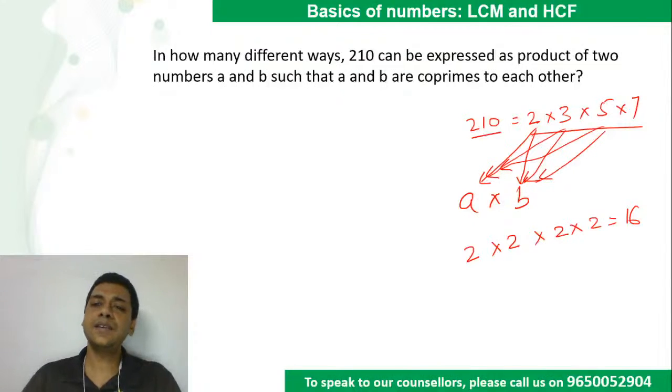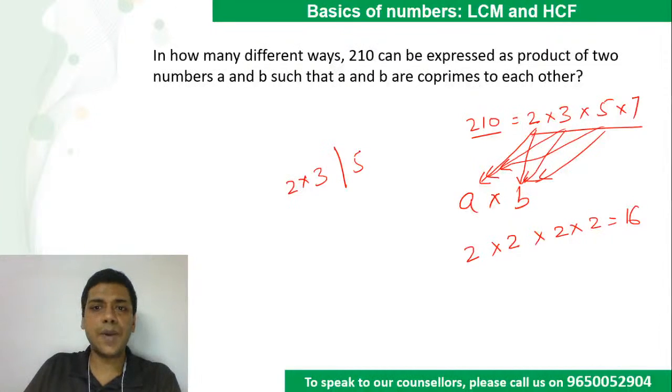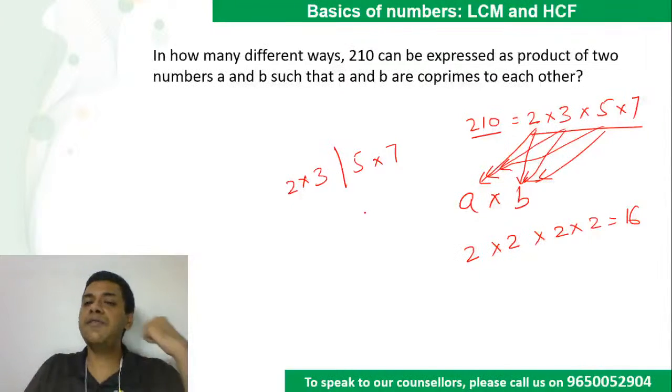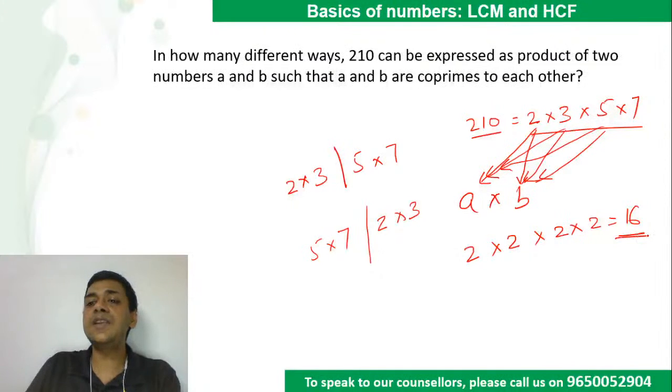But the problem here is, there will be one case when you say 2 is a part of A, 3 is a part of A, 5 is a part of B, 7 is a part of B. And there will be another scenario wherein 2 is a part of B, 3 is a part of B, 5 is a part of A, 7 is a part of B. So there will be 16 ordered pairs.